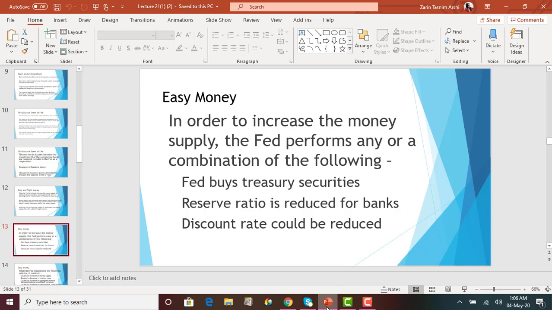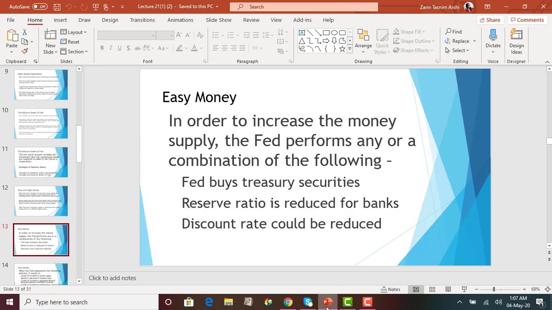They can either buy securities, Treasury securities. If they buy securities, they are paying money to the banks and the people, so they have more money in hand. Banks can loan out more funds to people. As a result, the money supply goes up. They can reduce the required reserve ratio for the banks, so banks can loan out more funds, or they can reduce the discount rate.